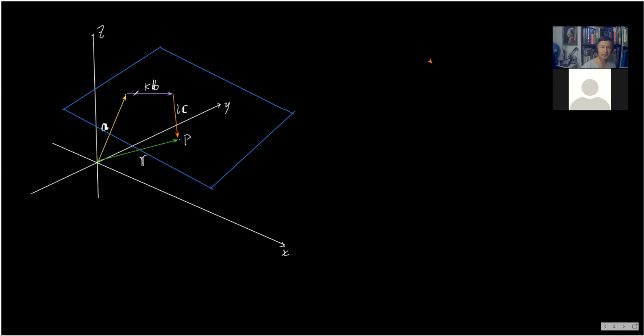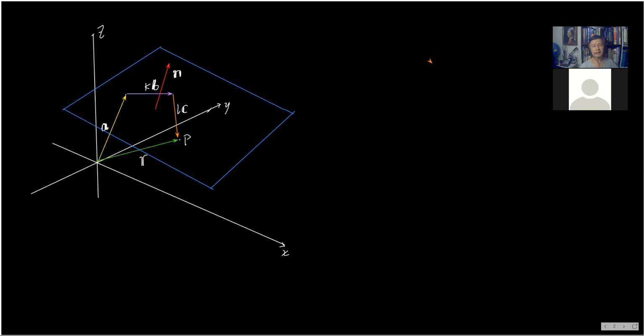So obviously these two vectors B and C are lying on the plane, which should be perpendicular to its normal, the direction of the plane by definition. This is the direction of the plane. Can you see? The red one will be our aim, to determine the direction of the plane.